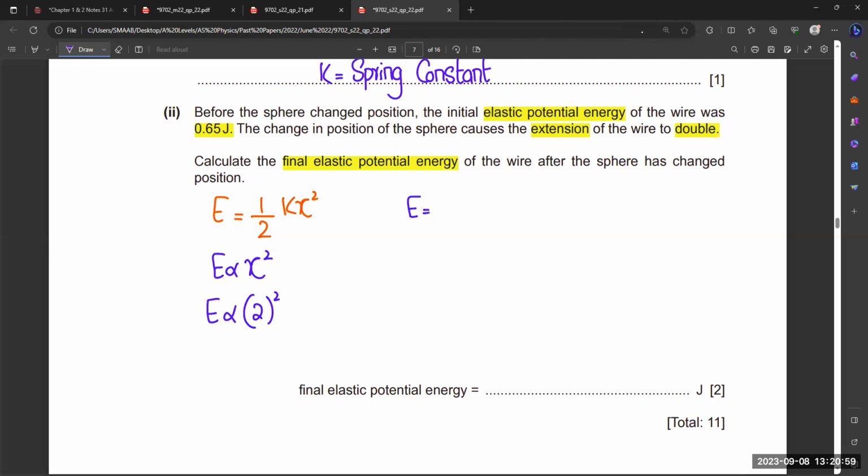We already have the initial value, and for the final, we just multiply by 4. So you will get your final energy, 2.6 joules, right? Okay. Clear? Any confusion?